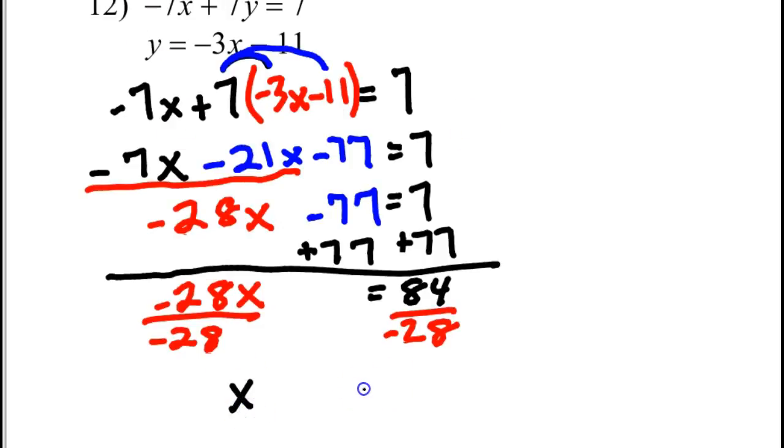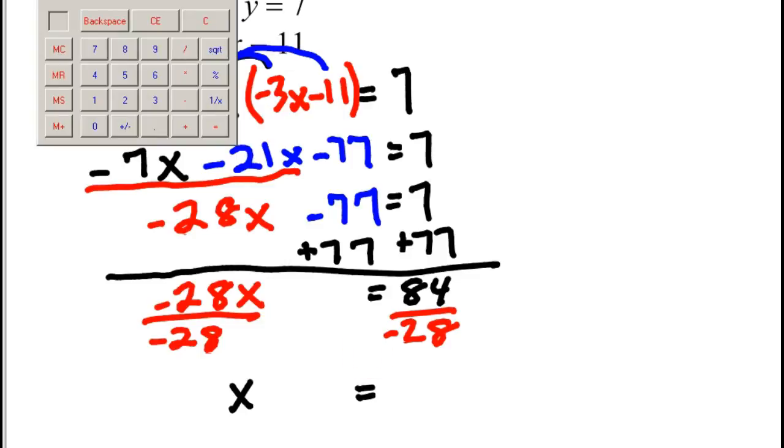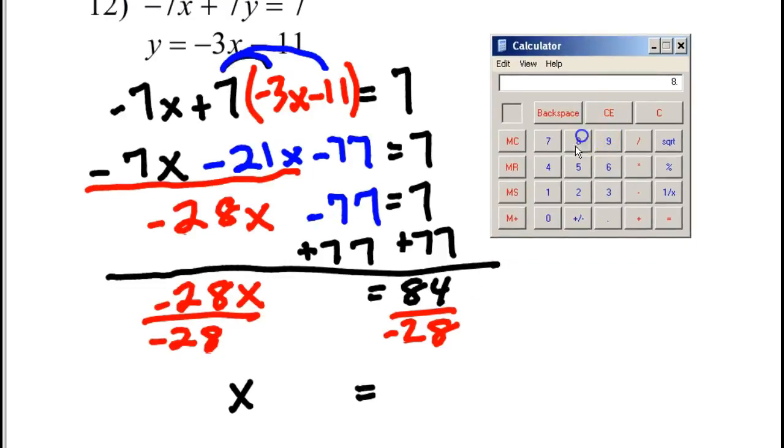Now, if you can't do 84 divided by 28, what are some alternatives to get that answer? Maybe just get a calculator. So we get 3.